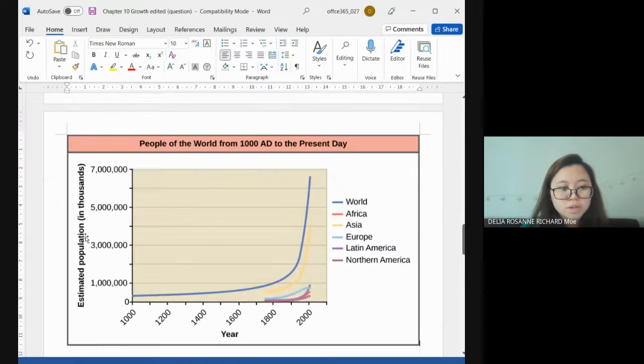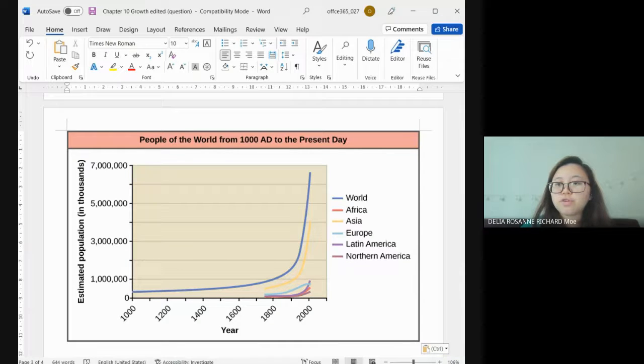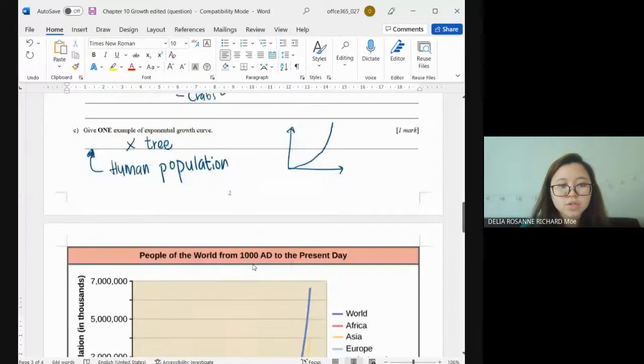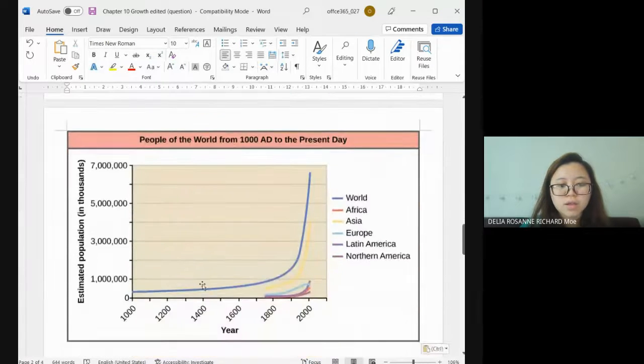So I got this picture from the internet. This is a growth curve that shows the human populations in the world from 1000 AD until now. So you can see here, this follows the exponential curve that I was talking about. Dia daripada dia mendatar begini saja, lag phase, terus kepada exponential phase.